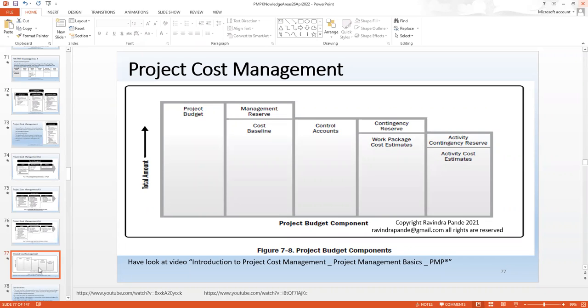This is in line with the PMP project cost management processes and various inputs, outputs, and tools. This way we will understand how we manage these budget components, and then we'll step into how we estimate cost with the formulas and actual figures. How do you normally play within these activity cost estimates?